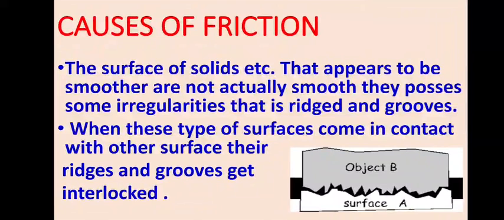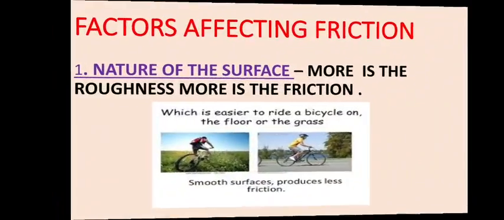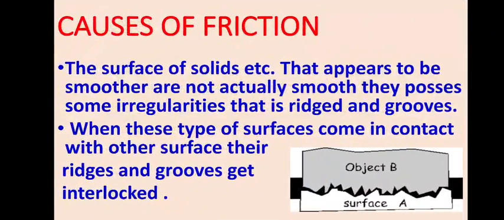But they have some irregularities, some roughness, and when these two objects are coming in contact with each other, these irregularities you can see here are getting interlocked. So when these two surfaces are coming in contact, the ridges or grooves, that is irregularities, get interlocked. Interlocked means they get bound with each other.